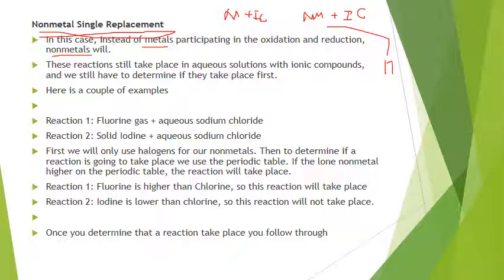Okay. First thing you have to do is decide if the chemical reaction could take place. So let's say I have these two possibilities: fluorine gas plus aqueous sodium chloride. All right, first of all, how do I know it's a gas? Fluorine's a gas. Look at the periodic table, and in the periodic table, usually it indicates by the color of the element what its state is at room temperature.